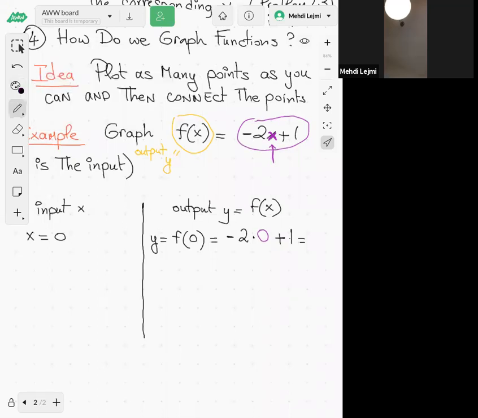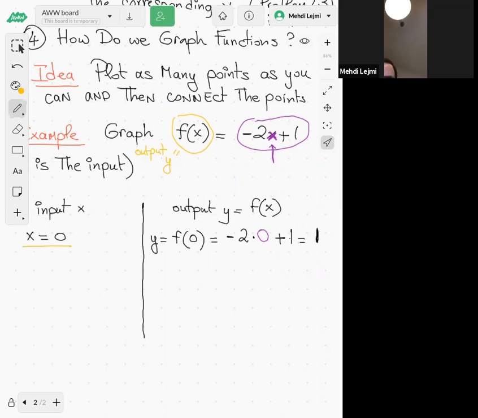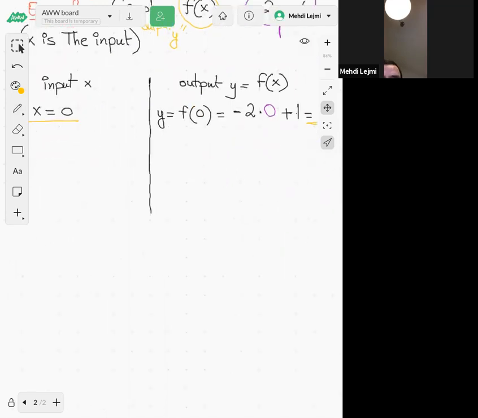Okay. So the answer here would be, of course, multiplication first. So that's 0 plus 1. So the answer would be positive 1. Okay. So what I'm saying is, if my input x is 0, my output y is 1. So here I'm gonna plot the first point.